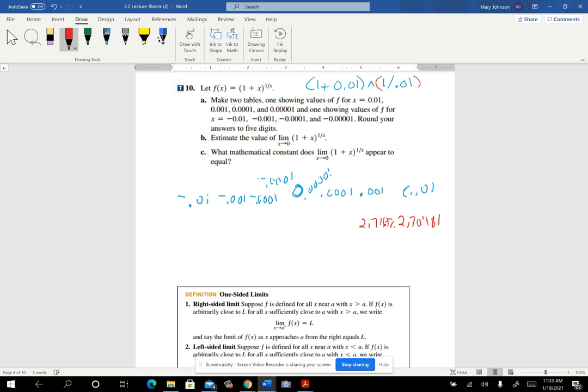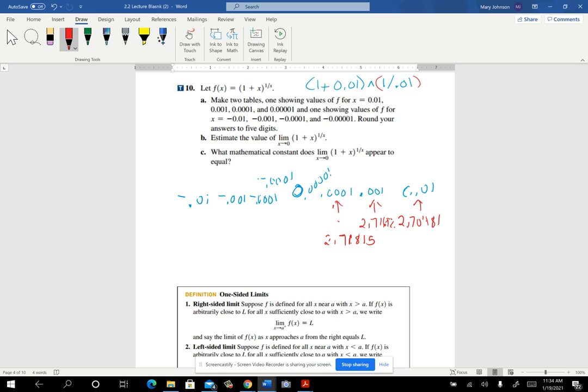Keep doing that same thing. We get a 2.71815 for this one. And then we've got one more positive one to do.